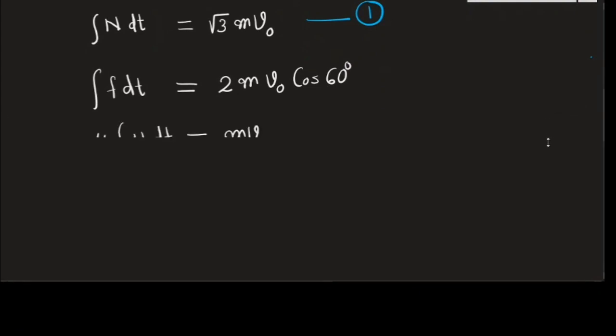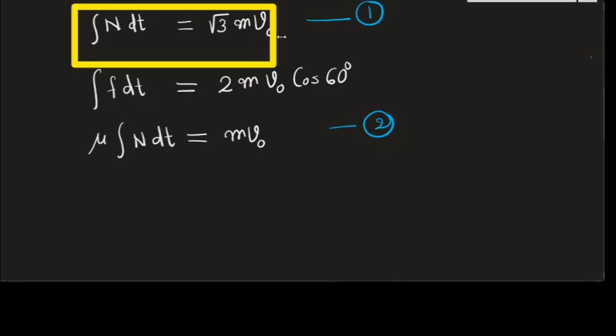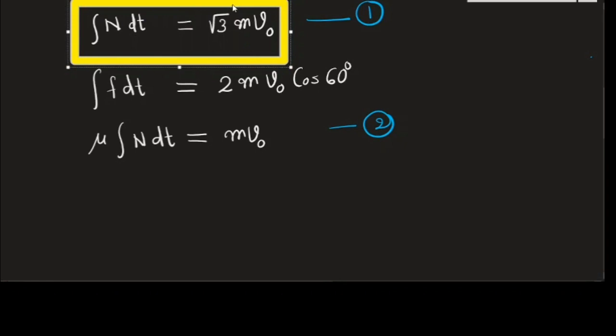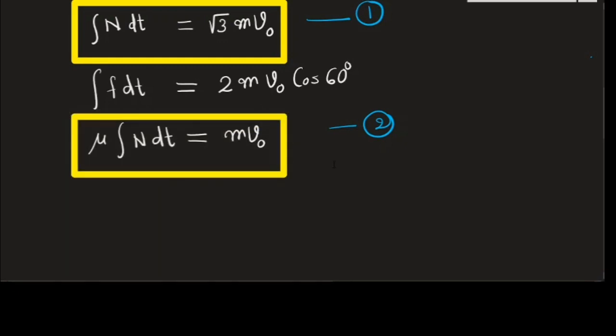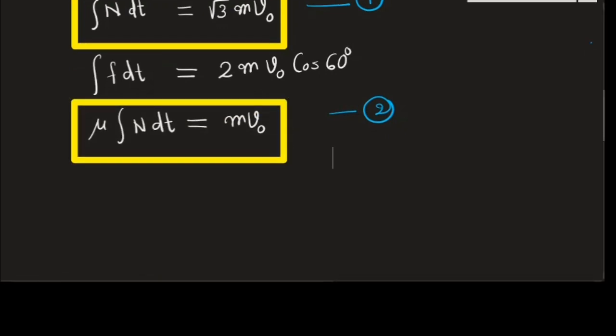So the half and 2 cancel, and we get the integral of mu N dt equal to 2 m v naught. This is equation number 2. So we got two equations for the integral of N dt and the integral of mu N dt.